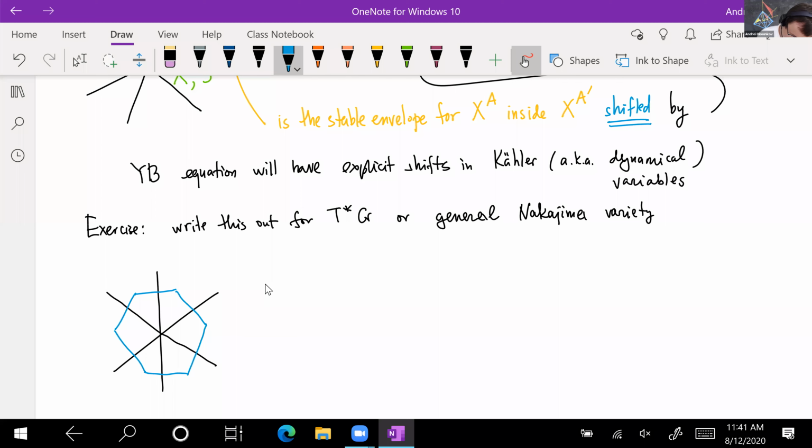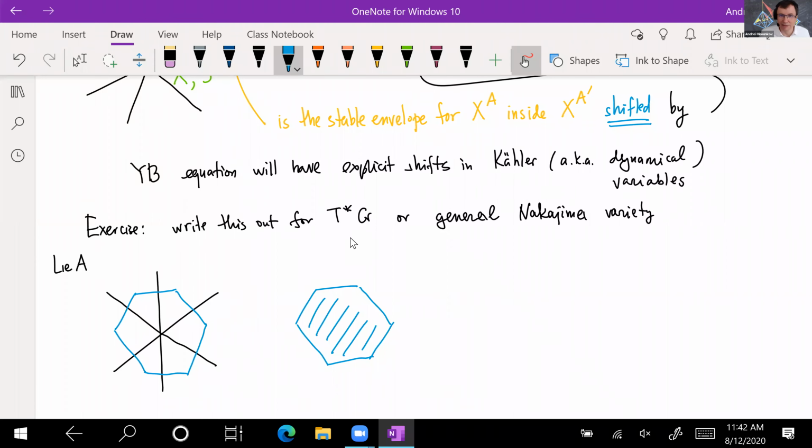After all, everything is happening in the Lie algebra of A. And so the dual polytope really sits in the dual space, because of the vector space and the dual vector space.